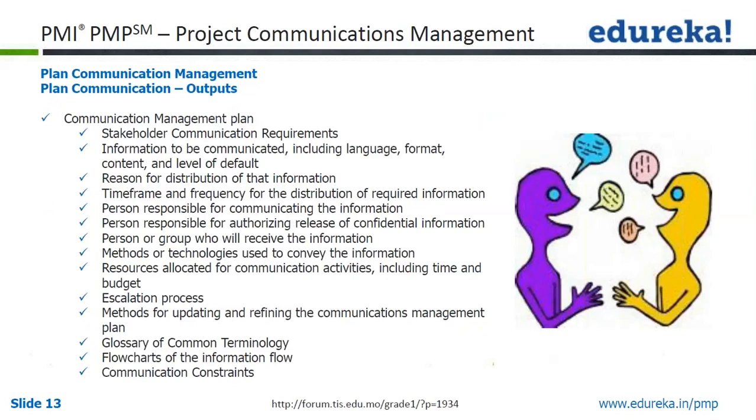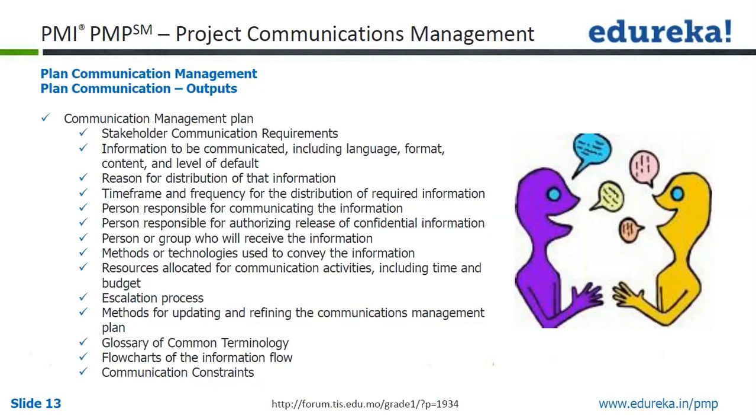Coming to communication management plan. In here, these are the components of the communication management plan. You have stakeholder communication requirements, which you'll get from the stakeholder register, or by meeting and talking to people. Information to be communicated, including language, format, content, and level of detail.